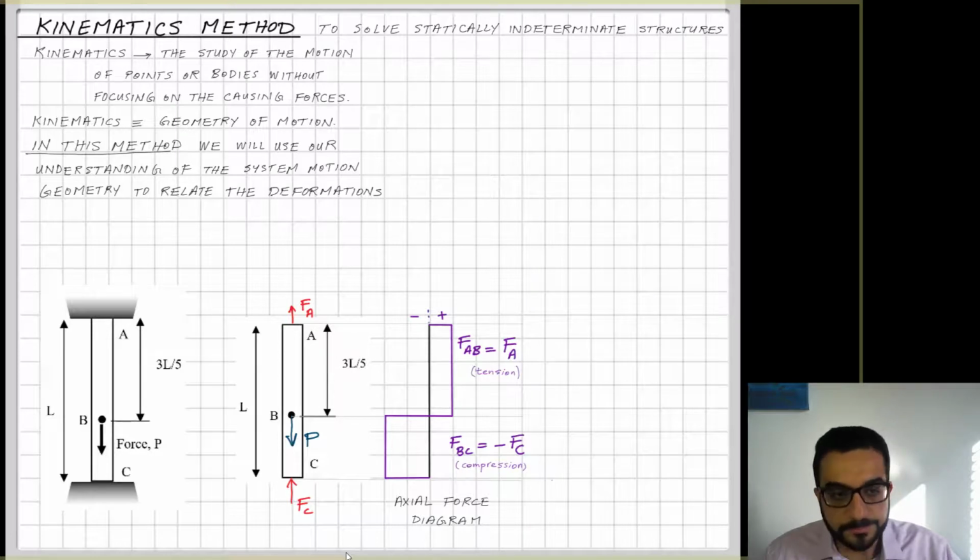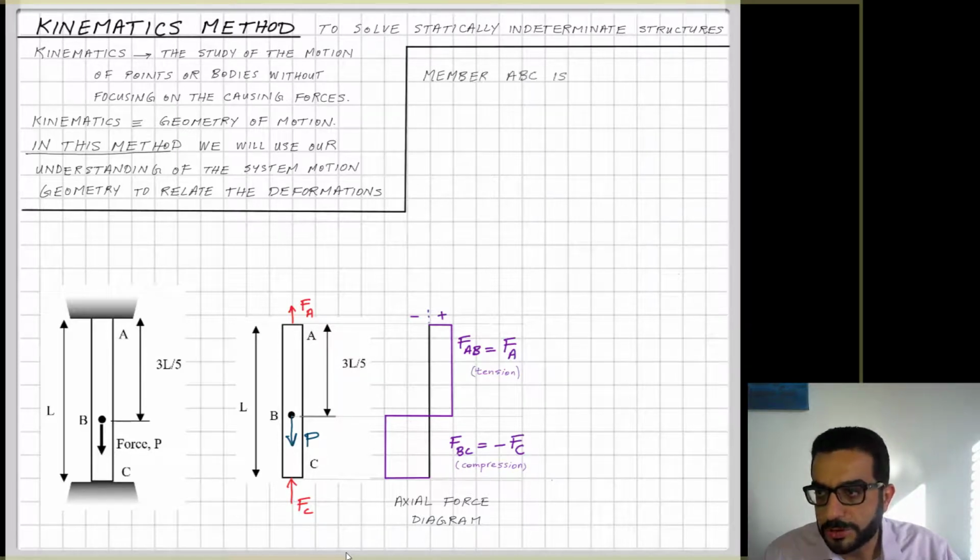So next would be to consider my boundary conditions, that I have two fixed supports, A and C. Neither of them is moving, and I can also say that the movement of one relative to the other is zero. Remember, a displacement of a point should be relative to another point.